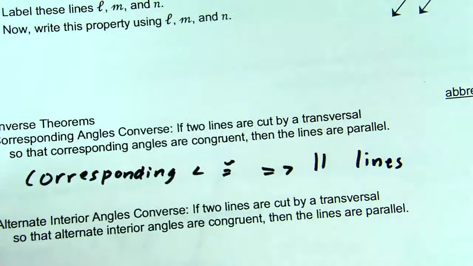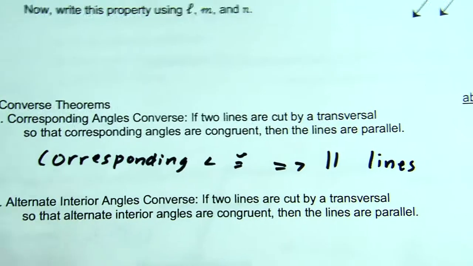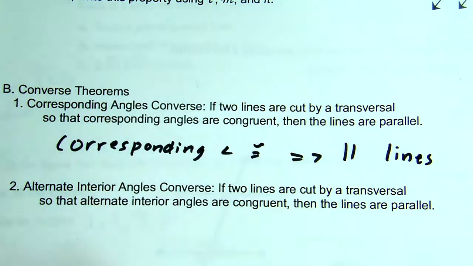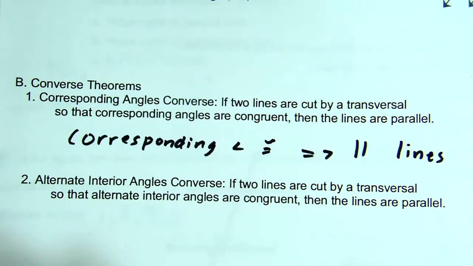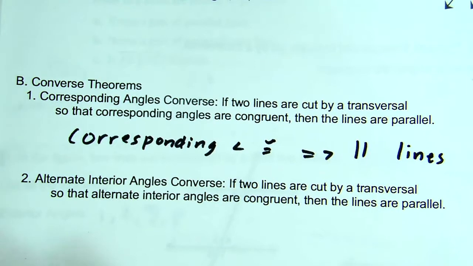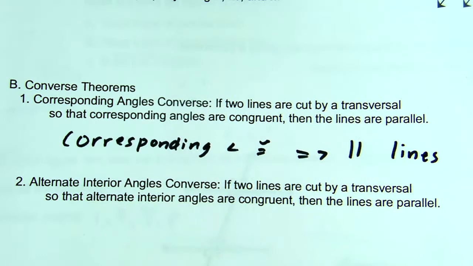This is just the direct converse of the theorem we discussed the other day, where it was: if parallel, then corresponding angles are congruent. Now we're switching that, and saying if corresponding angles are congruent, then we have parallel lines.